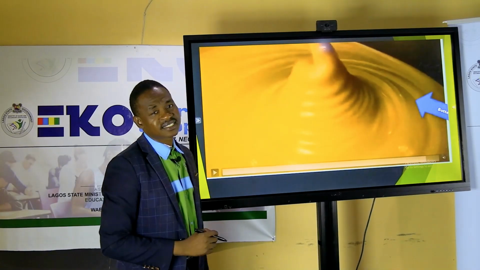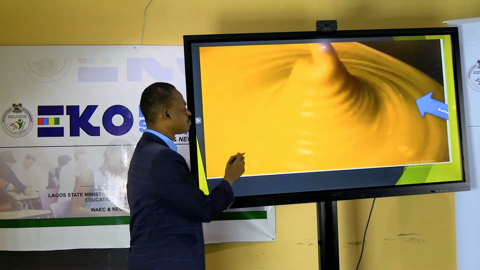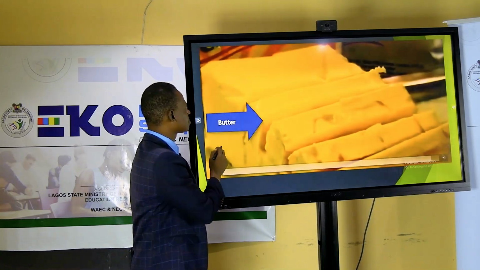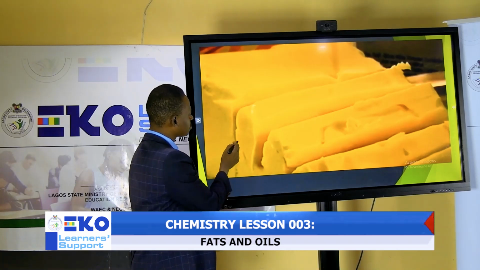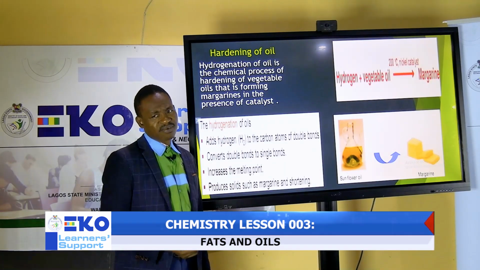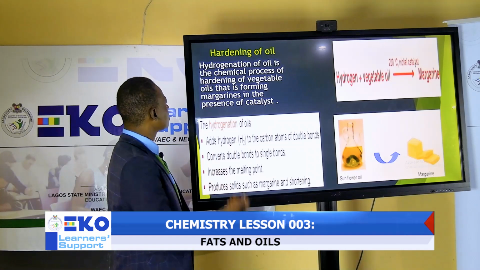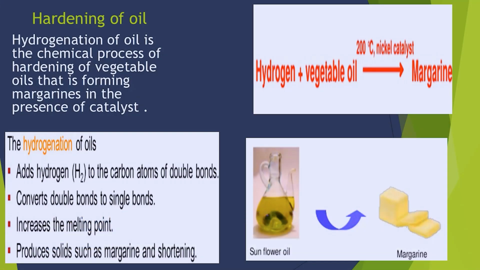And this is what you get as the end product. Hydrogenation of oil is the chemical process. Note that.